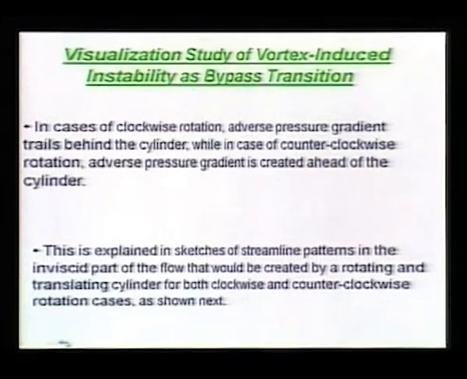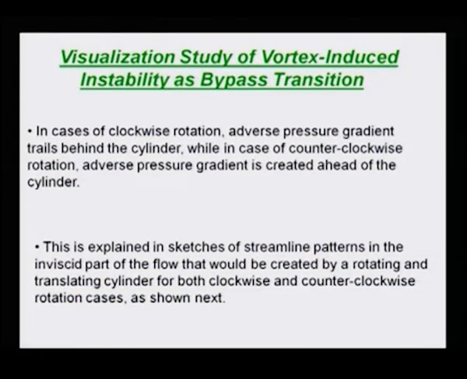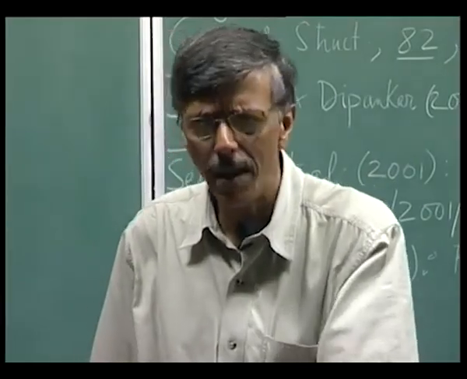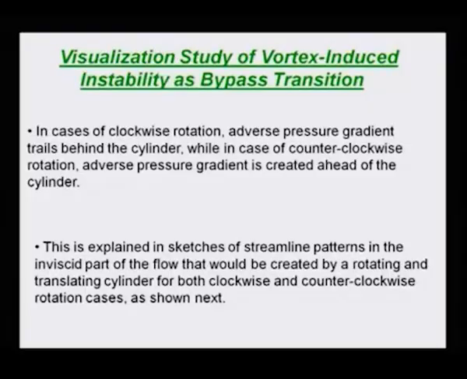You can also see from a sketch of drawn streamlines based on, let us say, an inviscid flow model itself, because your captive vortex is very far away outside the shear layer. So, you can draw a sketch, and this is the kind of thing that you are going to see.